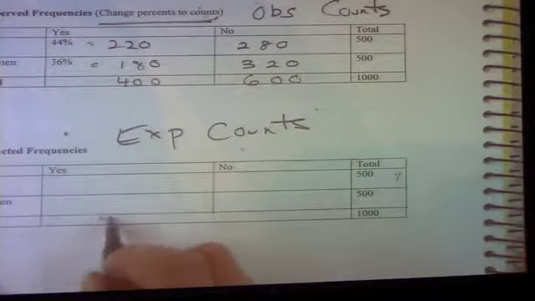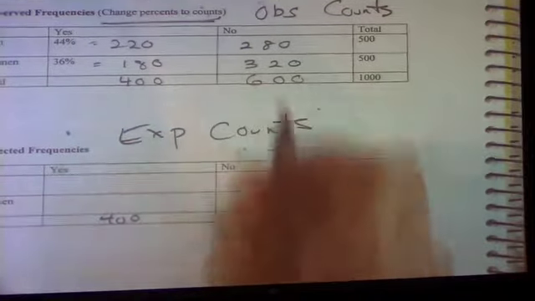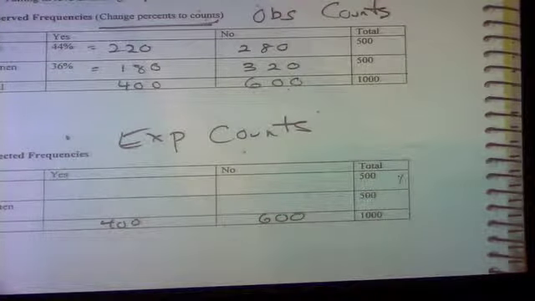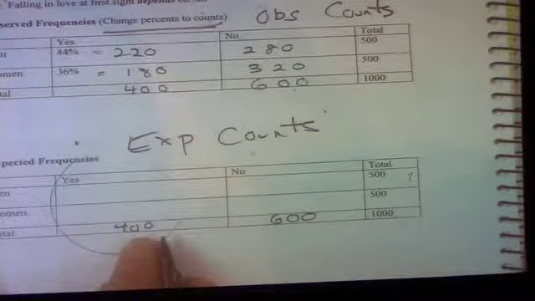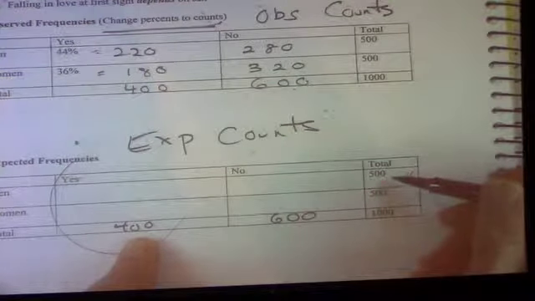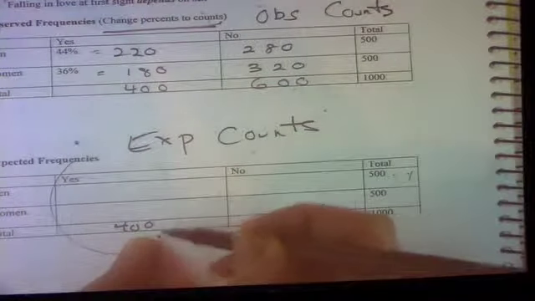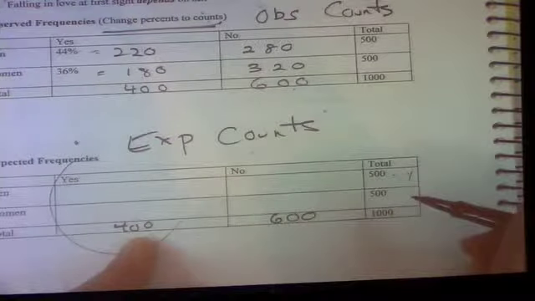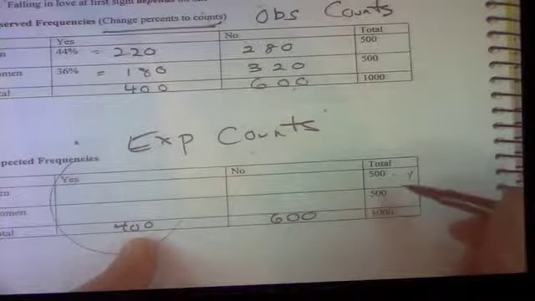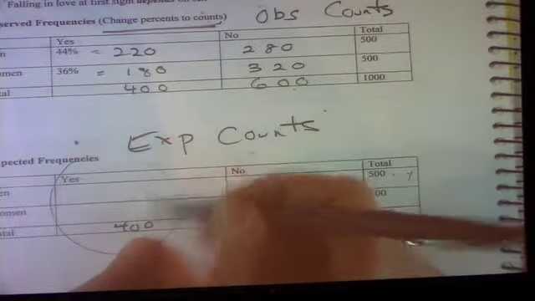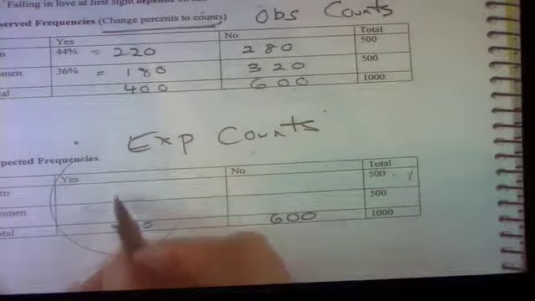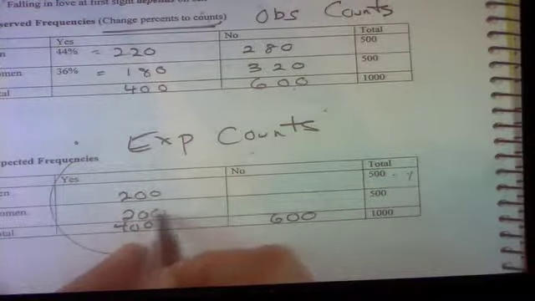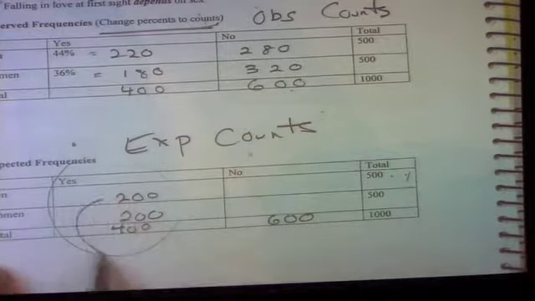We had 400 people who said yes, and 600 people who said no. So if our sample is 50% men and 50% women, then among the 400 people, how should this be split? 50-50. So what should I put here? 200 and 200.